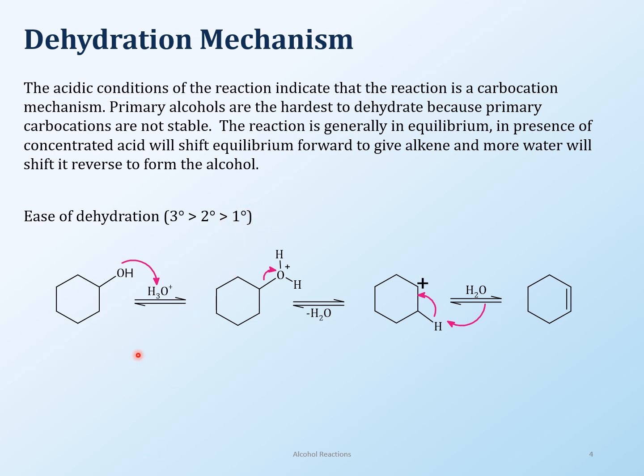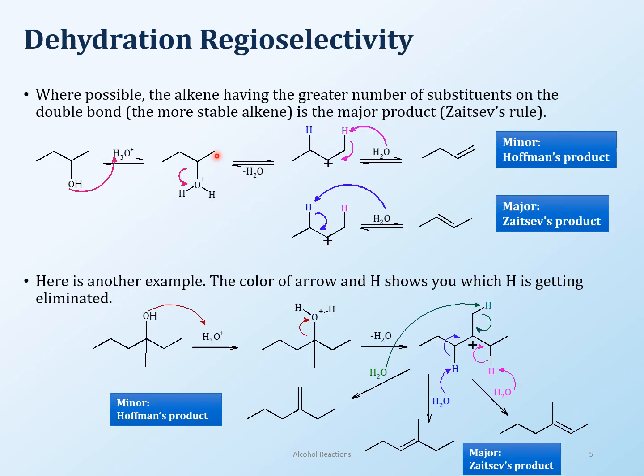Now you can see how the mechanism is working, and the why is also there. Once we've understood the mechanism, the mechanism is always going to be what we just said: protonation, then formation of a carbocation.